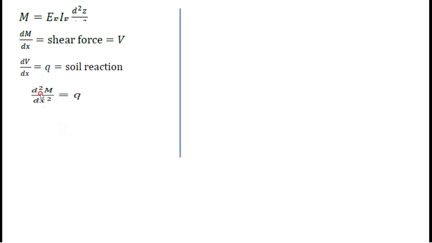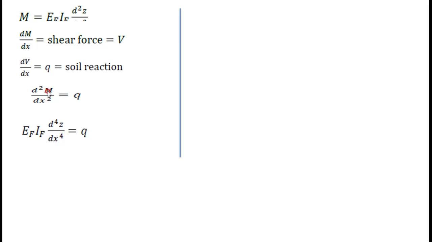Now d square M by dx square becomes what? Q. Why? In the place of V you substitute dM by dx, you will get d square M by dx square, which means Q equal to this. By using these two equations I wrote this one. Then in this equation EI d square z by dx square is there.